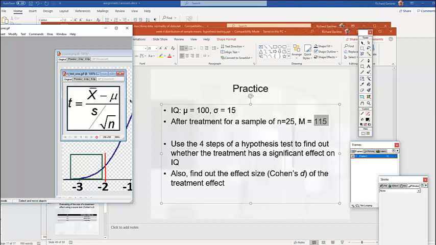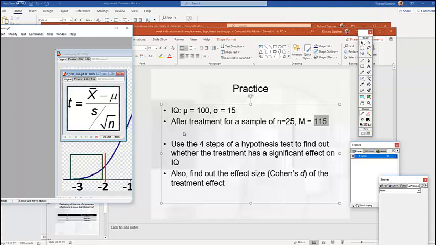So the numerator is 115 minus 100, that's 15. And the standard deviation is 15, divided by the square root of 25, which is 5, so 15 divided by 5 is 3. So we got 15 divided by 3, that is 5.